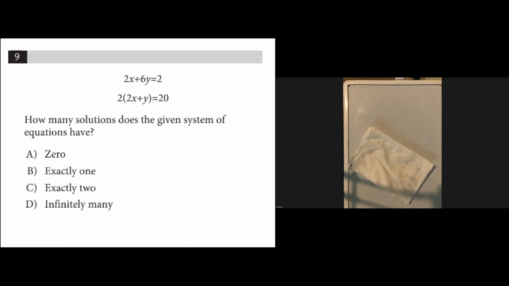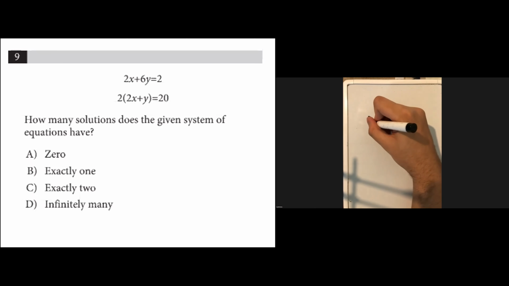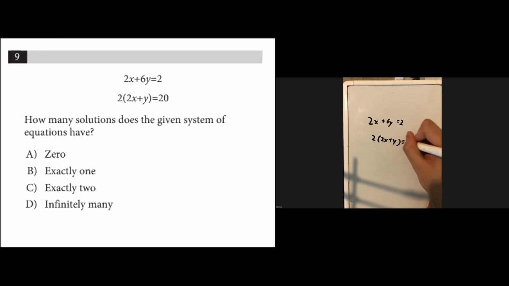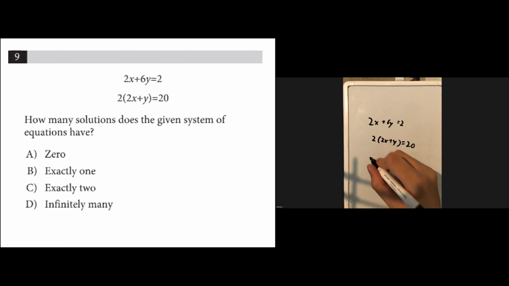Okay, so for this one, we're given two equations: 2x plus 6y equals 2, and 2 times 2x plus y equals 20. The first thing I did was multiply this out, so this becomes 4x plus 2y equals 20.